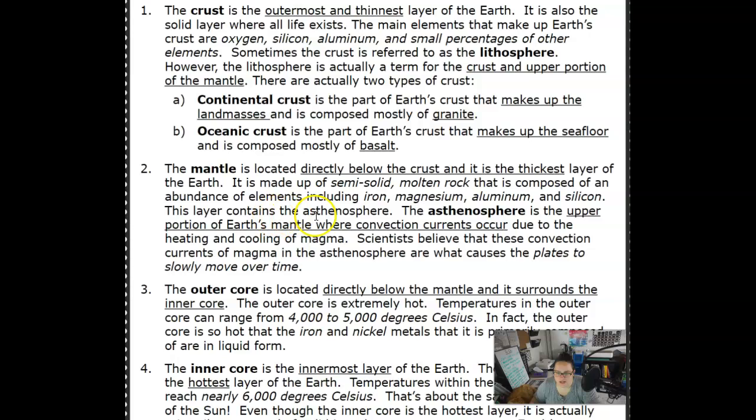This layer contains the asthenosphere. The asthenosphere is the upper portion of Earth's mantle where convection currents occur due to the heating and cooling of magma. Scientists believe that these convection currents of magma in the asthenosphere are what causes the plates to move slowly over time.